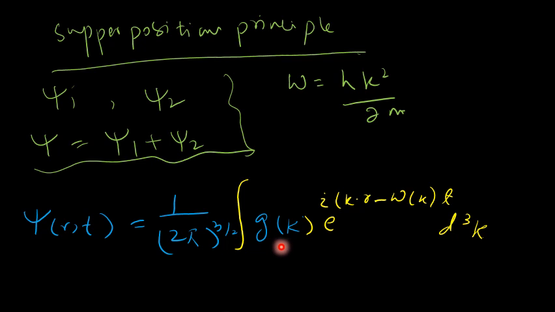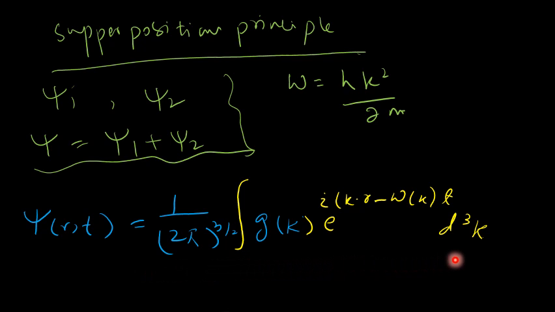And what is g of k? G of k can be complex and it represents the group of waves, and it must be sufficiently regular to allow differentiation inside the integral. That is, any square integrable function can be written in this form. As we know, for psi to represent the state of the system or the particle, it must be square integrable.